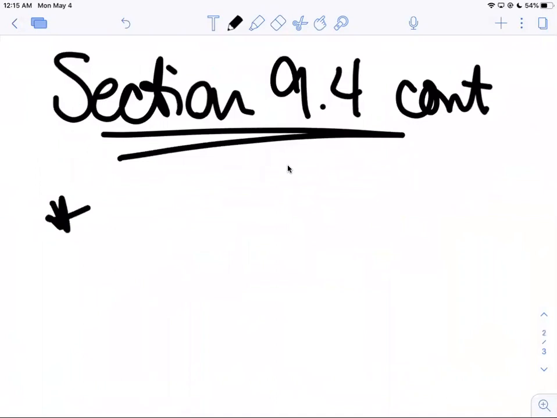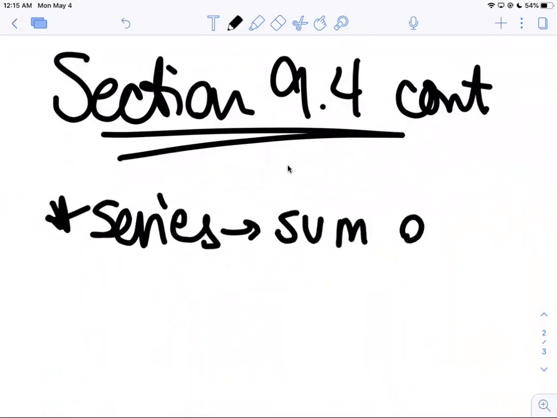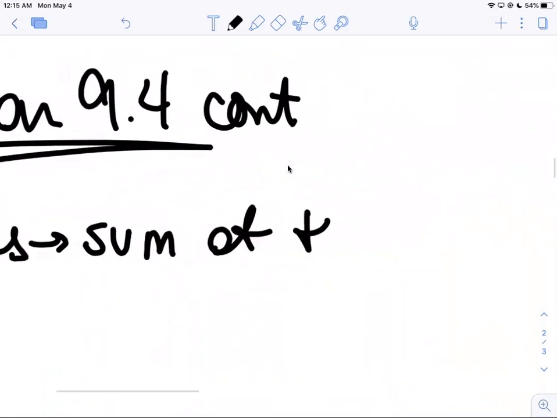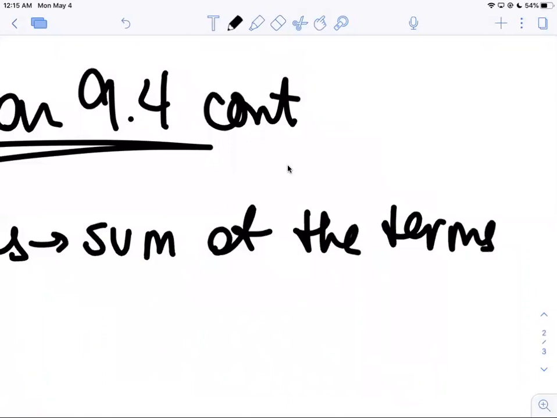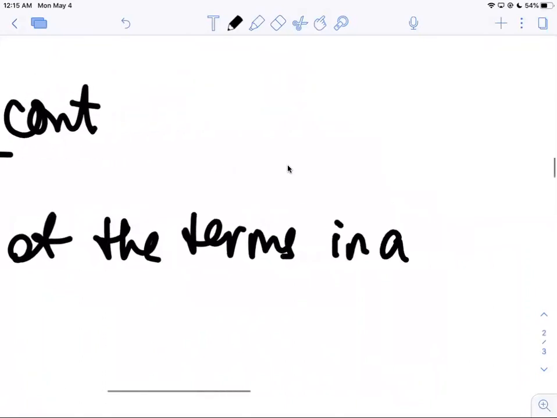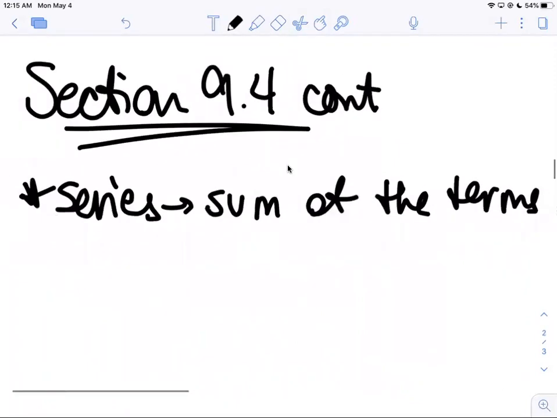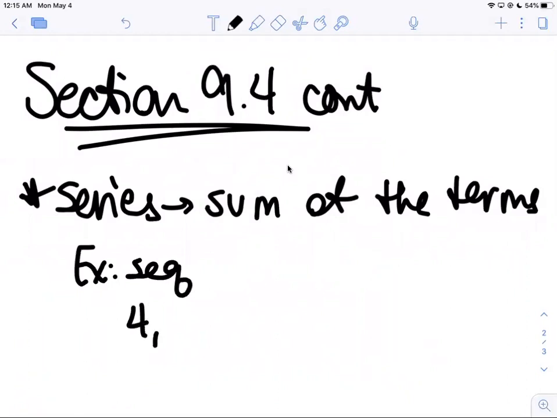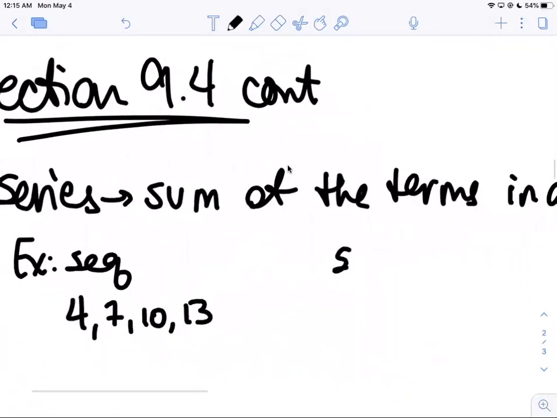So let's start off with some vocab. Series is referring to the sum of the terms in a sequence. If I think of an example, a sequence is a list of numbers, 4, 7, 10, 13, etc. If I'm talking about a series, I'm adding up all the terms of that sequence to make a sum.